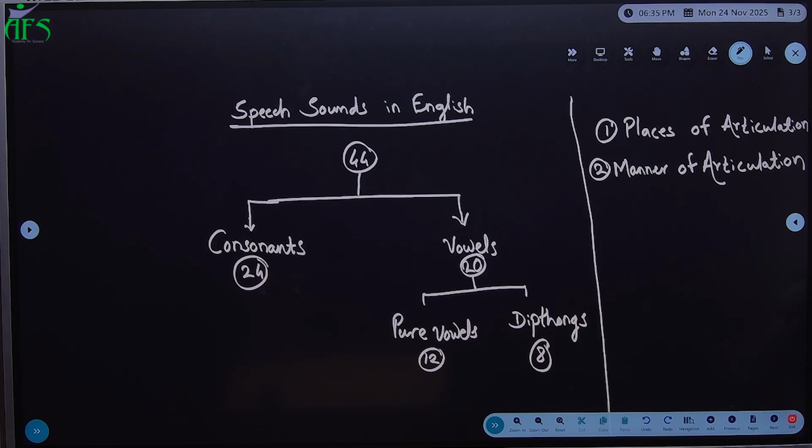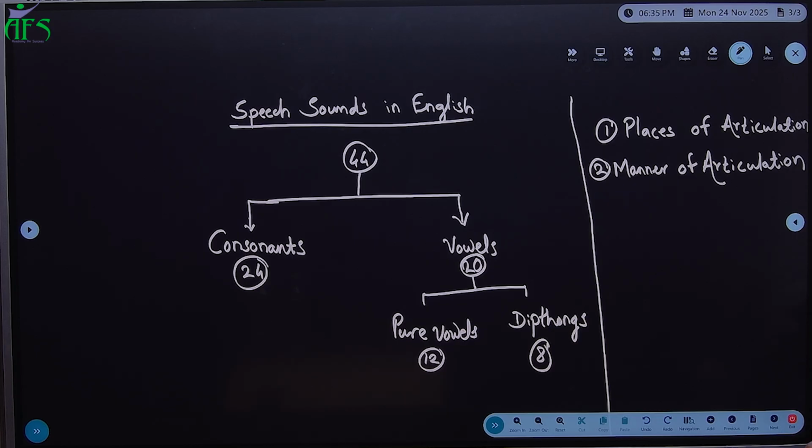Then comes the labiodental sounds. What kind of sounds are called labiodental sounds? When the sounds are articulated with the help of the lower lip and upper teeth, which come together as the articulators, such sounds are called labiodental sounds.